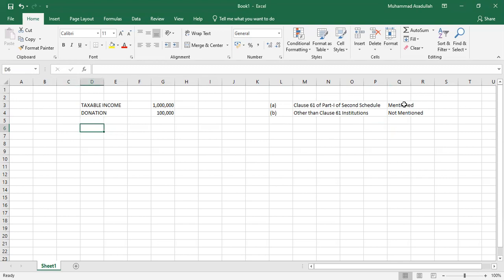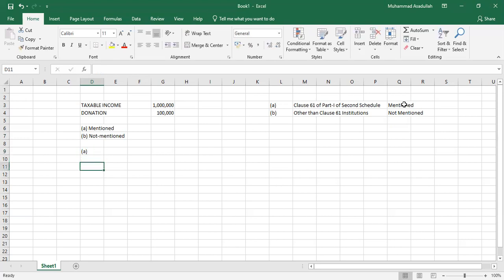So we are working here with taxable income of 1 million and donation of 1 lakh, and let's suppose our A part is that it has been mentioned, and our B part is that it is not mentioned. What would be the treatment according to case 1 and case 2? Let's start with case 1.